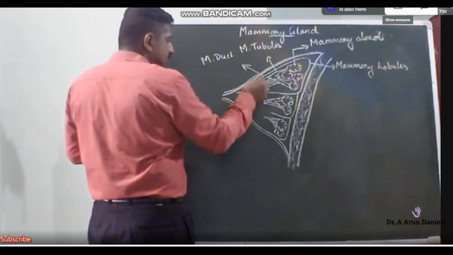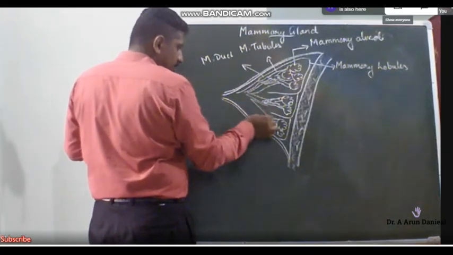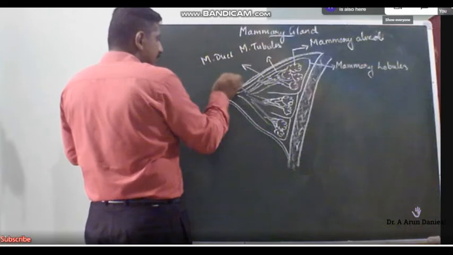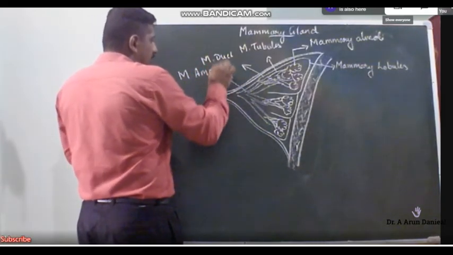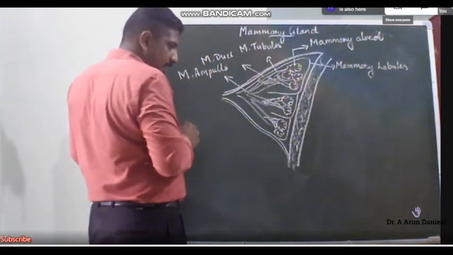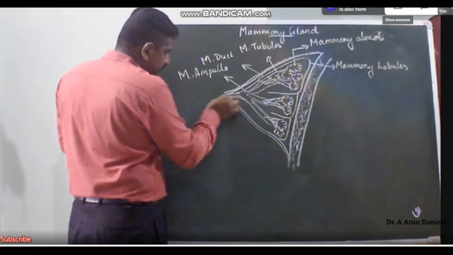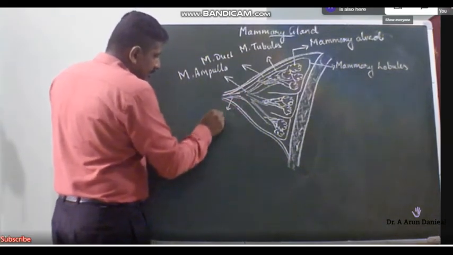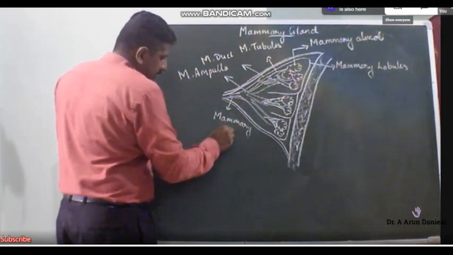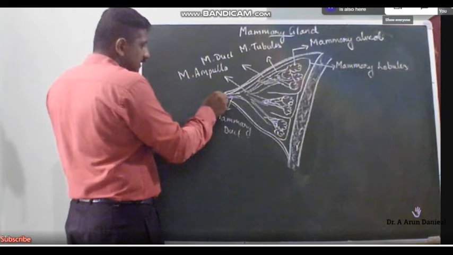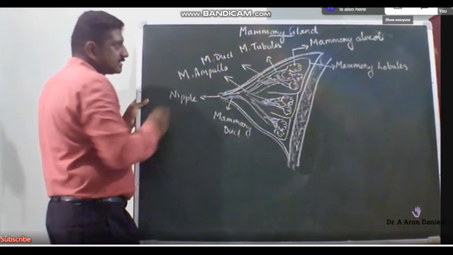All the mammary ducts join together and lead to a wider part, called the mammary ampulla. The mammary ampulla leads to an important duct, the lactiferous duct, and this duct leads to the nipple through which milk is sucked out.